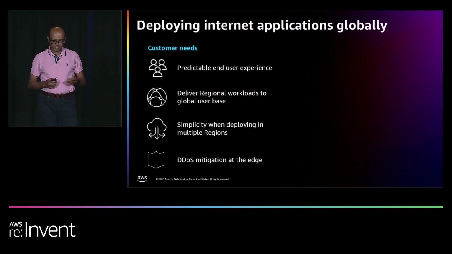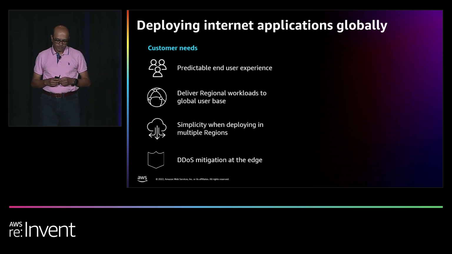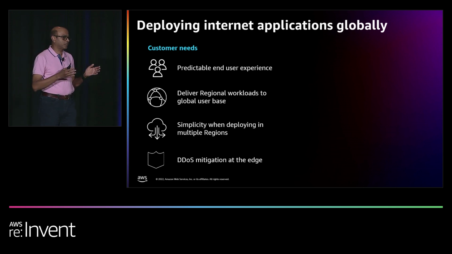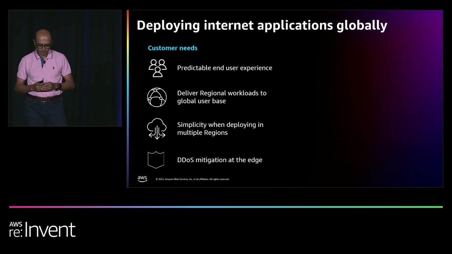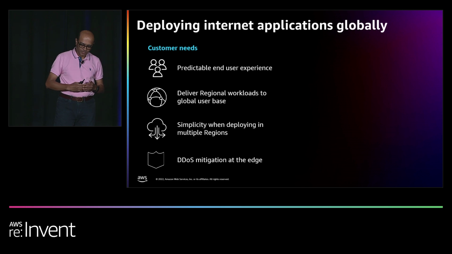So when we speak to customers like you who are deploying internet-facing applications, there are a few common themes that emerge. You want to offer a predictable end-user internet experience to all of your users. You want to deliver your workload that is running in one region, such as US East 1, to a global user base that could be located anywhere from New York to San Francisco to Singapore or Adelaide.